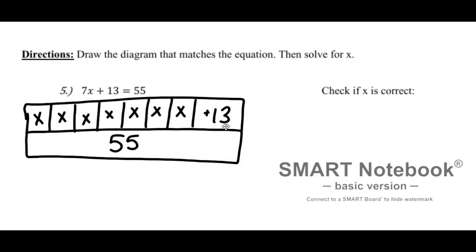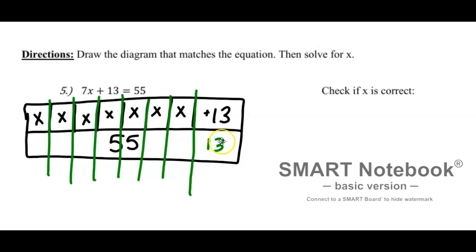So now, how would we solve this one? Well, remember like that first one where it was equal to 16 and we took off the 1? We could do that here. Let's take off that 13. So how big is this chunk now? It's no longer 55, right?